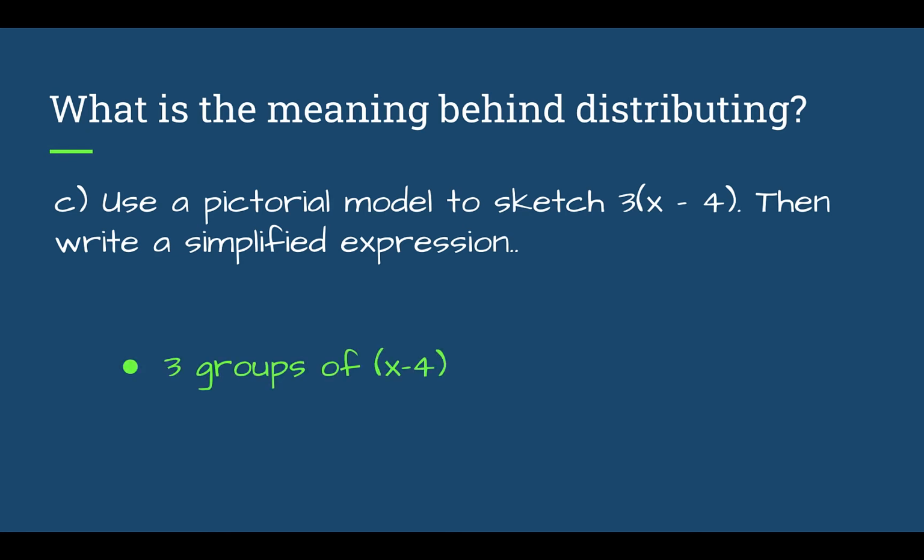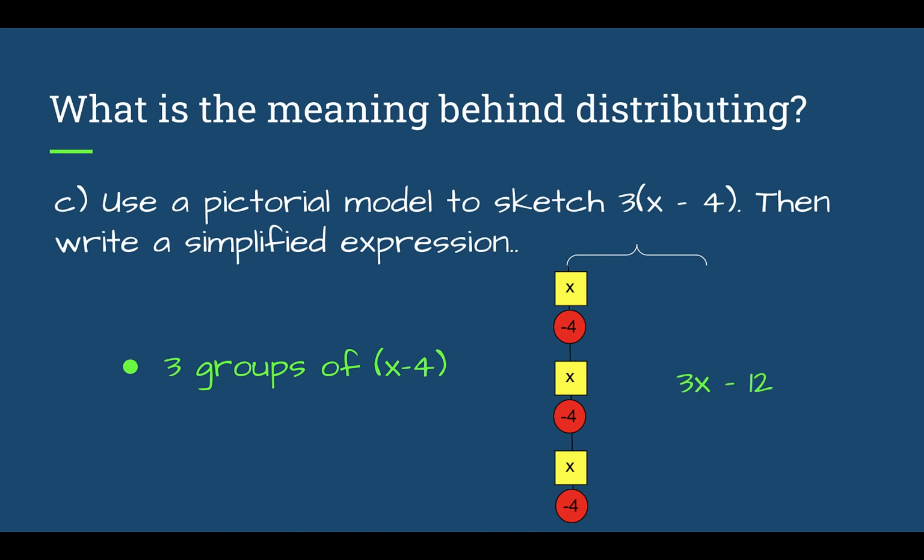So I'm going to focus, like I said, on 3 groups of x minus 4. If I have my hanger diagram, I had x minus 4. There's one group, but I need 3 groups. So there's a second, there's a third. If we want to simplify that, now we can group all of our x's together and then group our constants together.